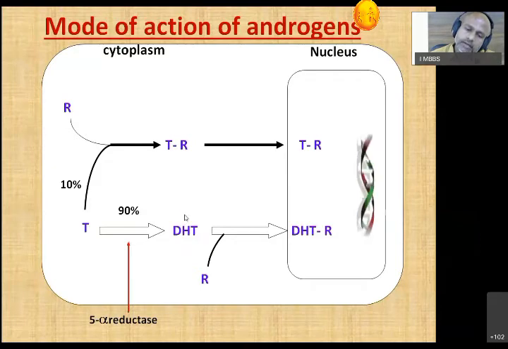Dihydrotestosterone: the target organs are the skin and the reproductive organs, the external genital organs. Desired changes in skin and reproductive organs are achieved by conversion by 5-alpha reductase in the target cell. 10% is the direct testosterone effect on the target cell.